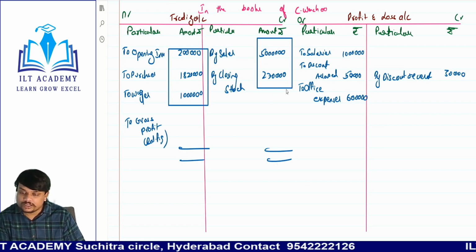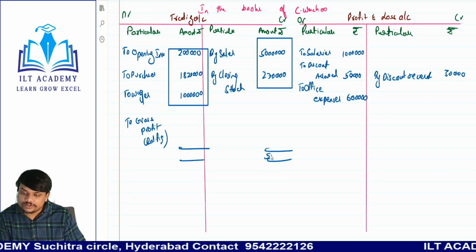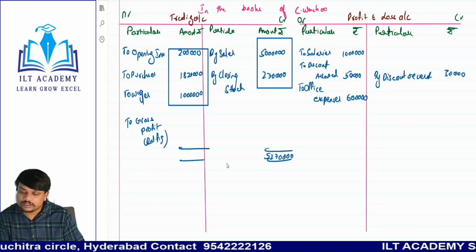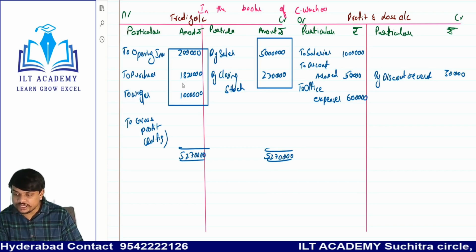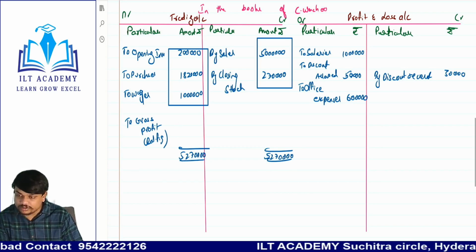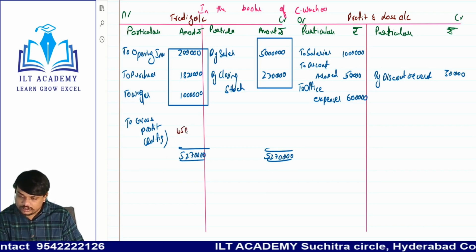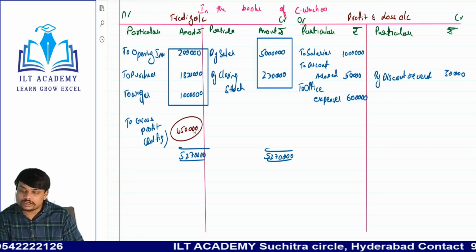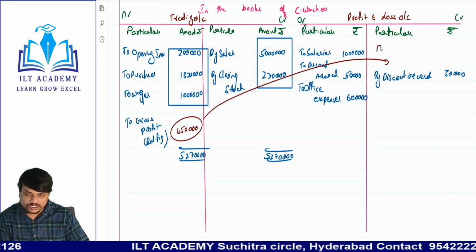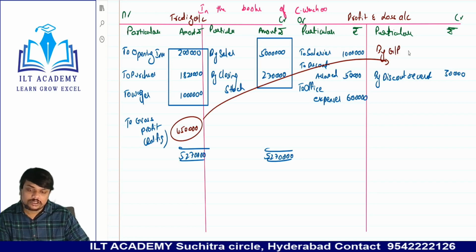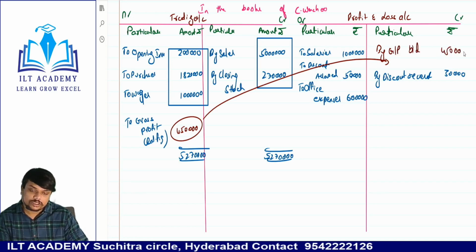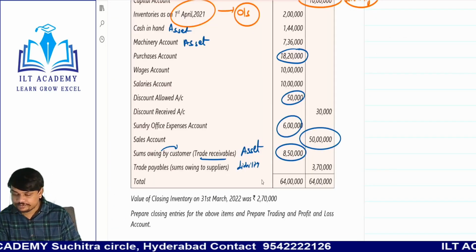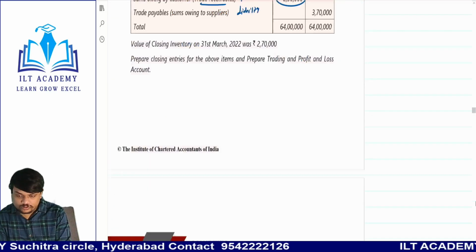So 50 lakhs plus 2,70,000, and from this, if you deduct this, you are going to get a gross profit of how much? 4,50,000. This gross profit is going to jump up here. So by GP brought down 4,50,000.